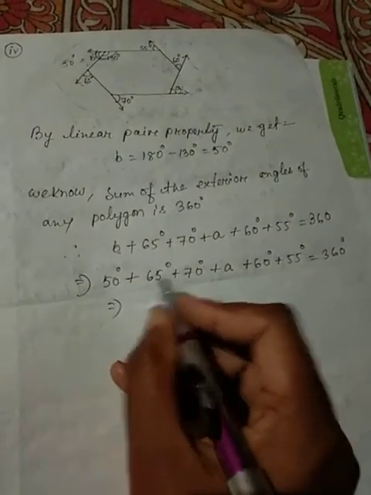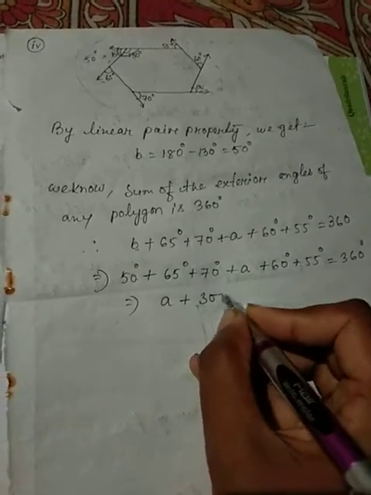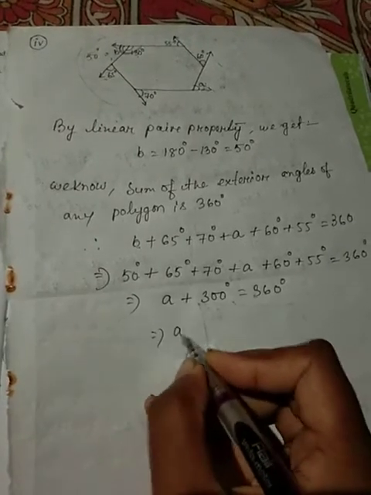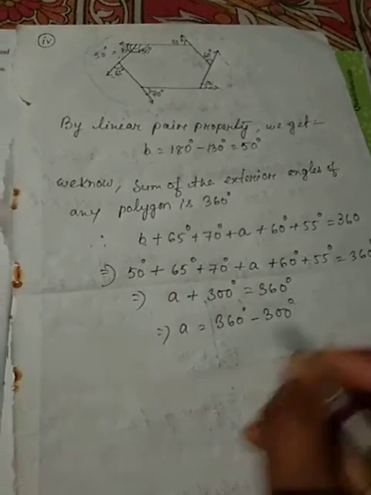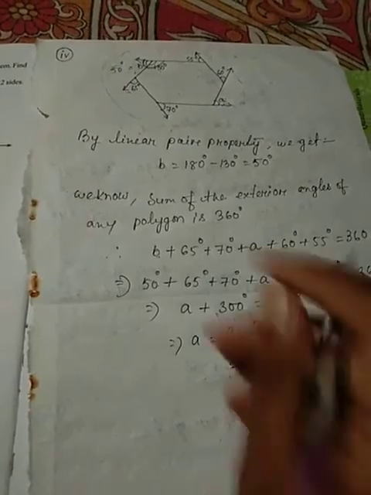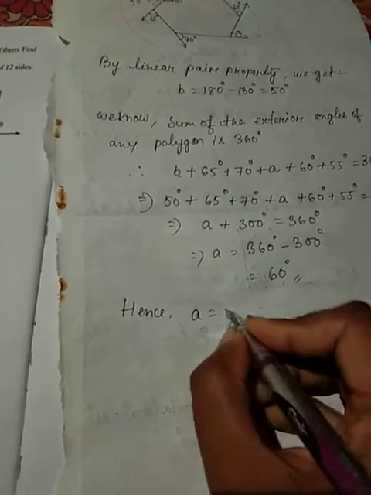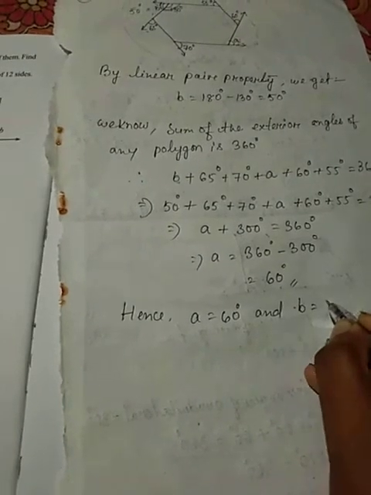By adding these degrees, we get A plus 300 degree equal to 360 degree. Now implies A equal to 360 degree minus 300 degree equal to 60 degree. That means the value of A is 60 degree and B is 50 degree. Hence A equal to 60 degree and B equal to 50 degree.